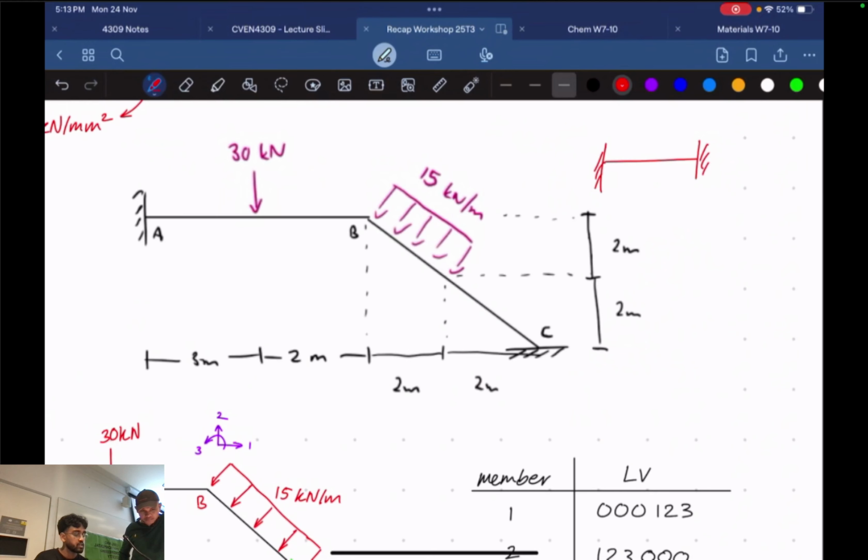The only thing with this one is if it's going upwards, it just means that your moments are going to be flipped, and it's going to be distributed like this instead. Instead of going downwards with your moments going like this, it's going to be flipped. For this one, I think the answer is, oh sorry, I was wrong here. How can it be? This one must be more than the complex one, right?